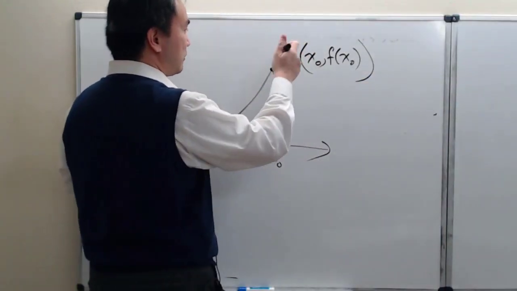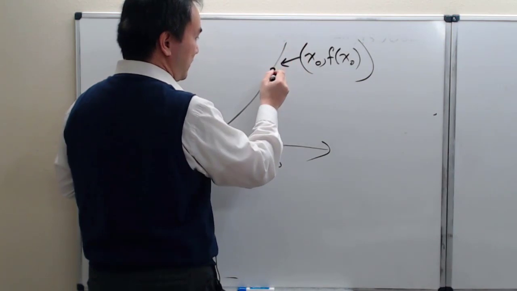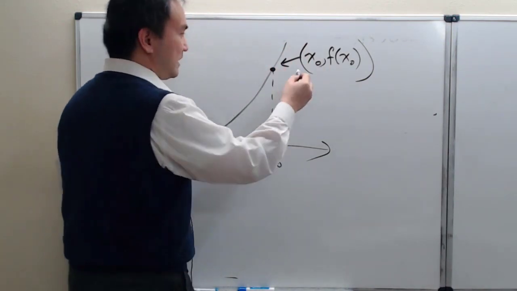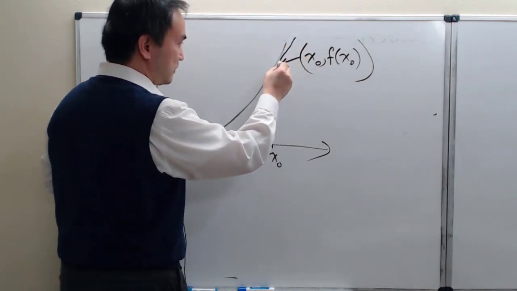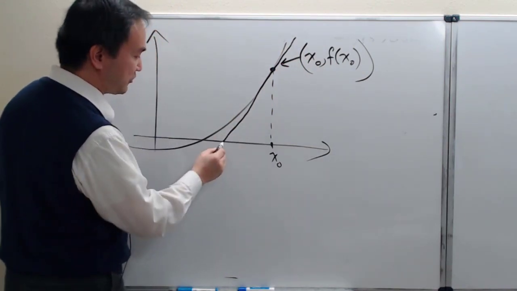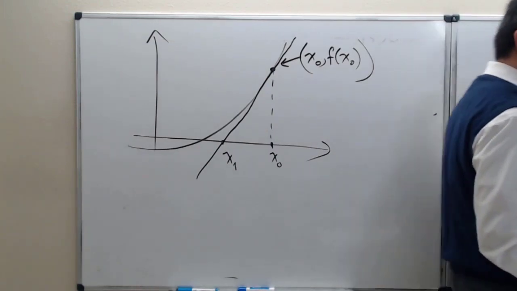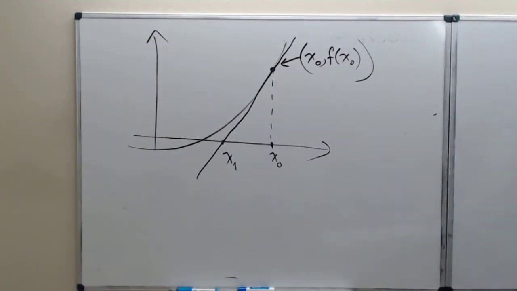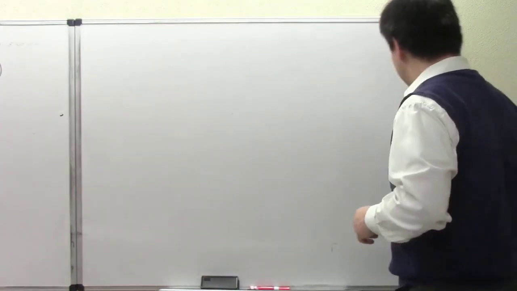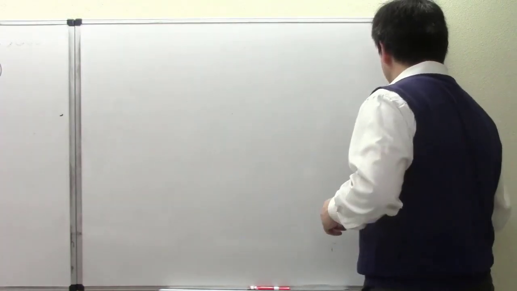Just like the graphical display indicated, at this point x sub 0 comma f of x sub 0, we shoot out a tangent line, and that tangent line hits here as x1. I need more space to write all that, so after anyone has had a close observation of that, I'm going to switch back to my other board, and this is the calculation for that.